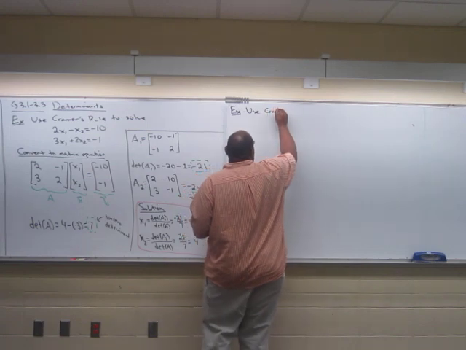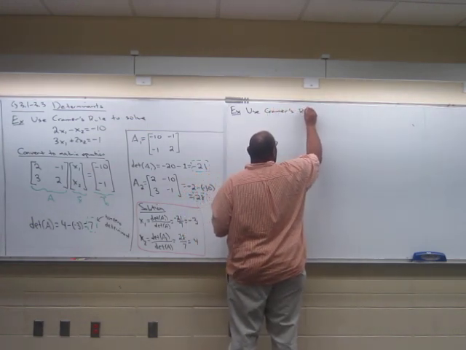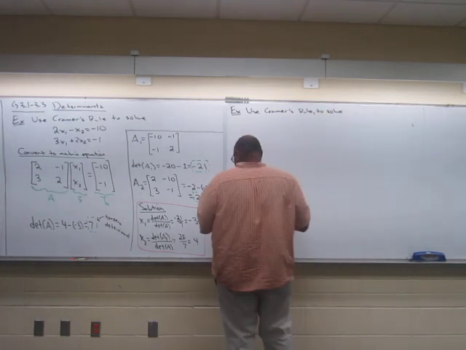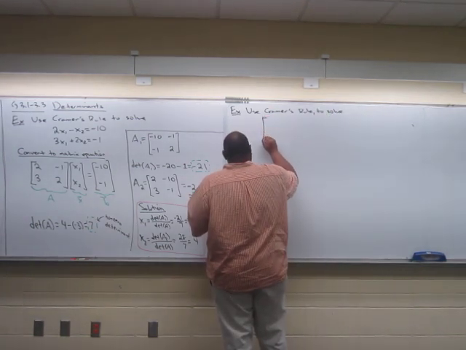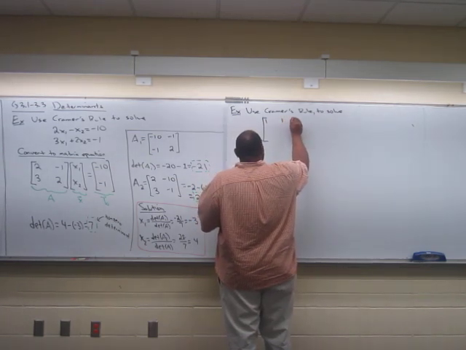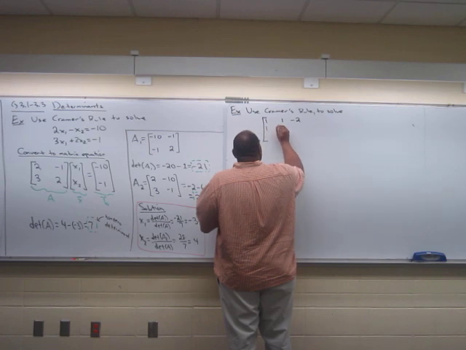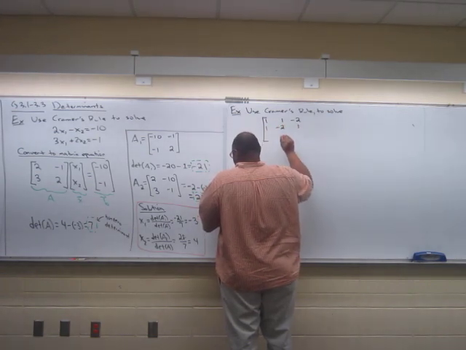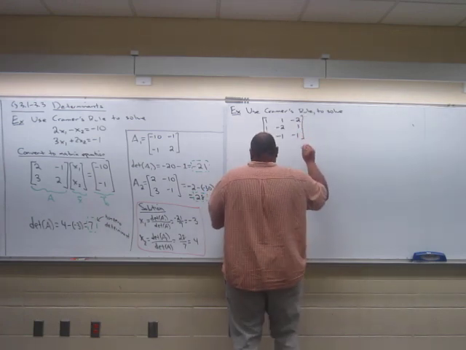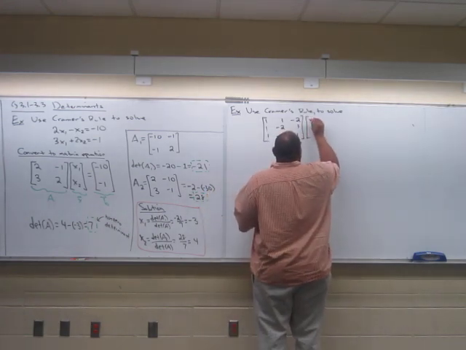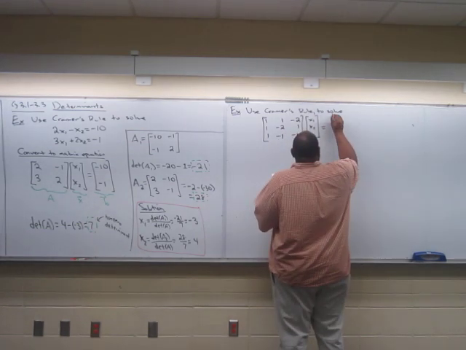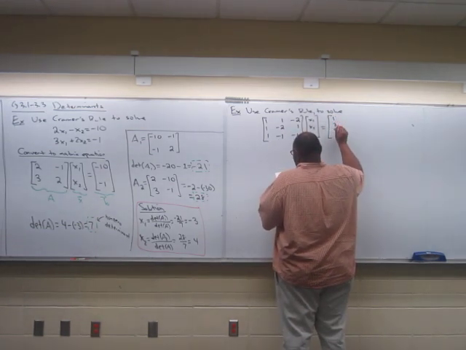Use Cramer's rule to solve. Here's my matrix. I just put it into matrix form for you guys instead of having a system. I have 1, 1, -2; 1, -2, 1; 1, -1, -1, times x1, x2, x3, equal to 1, 3, -1.